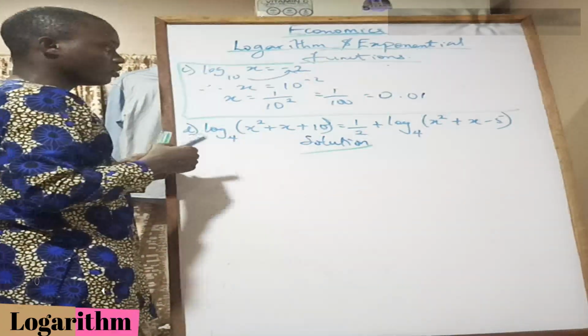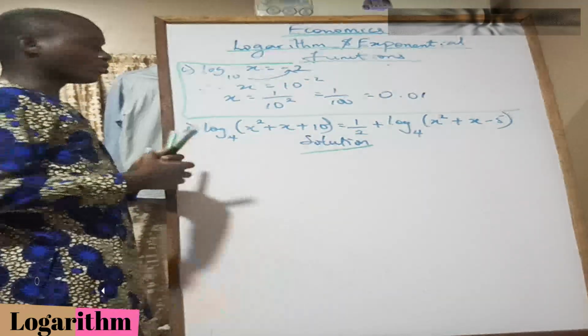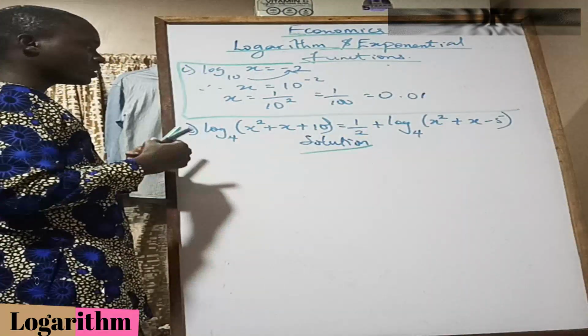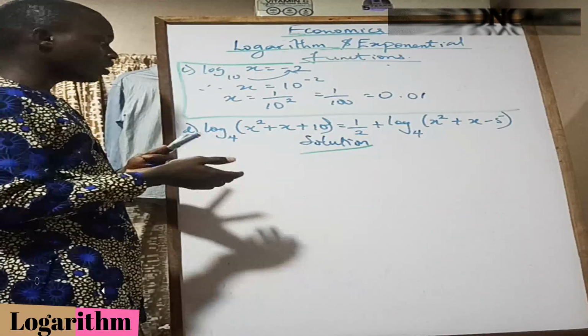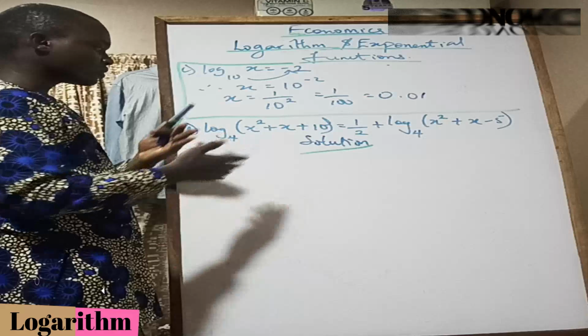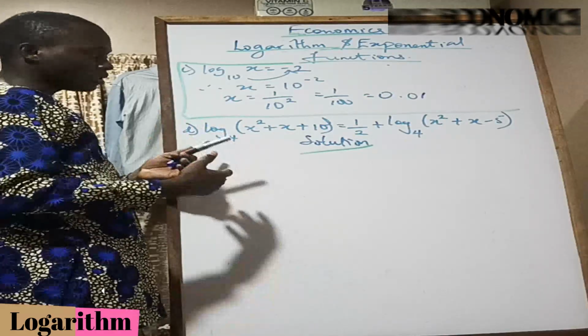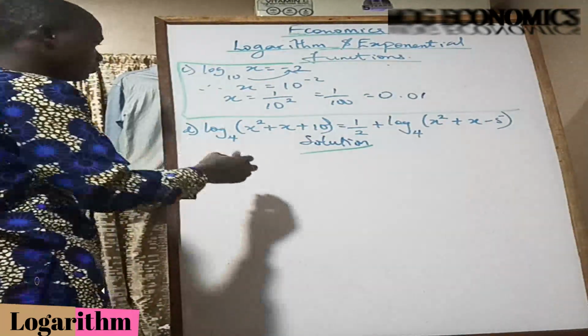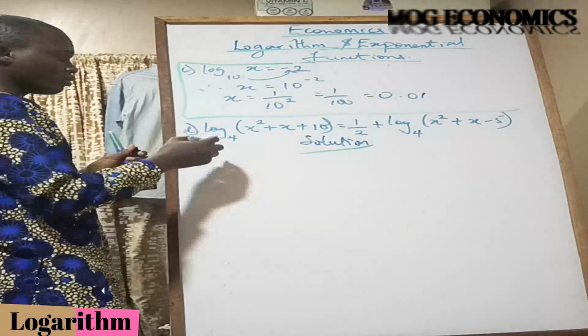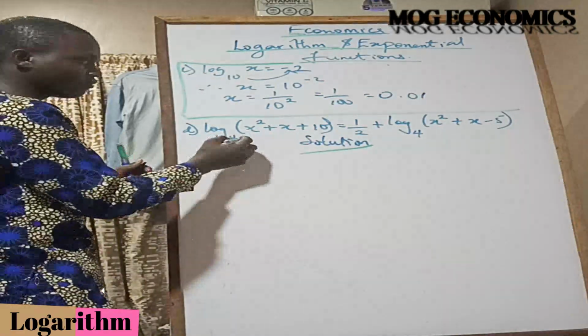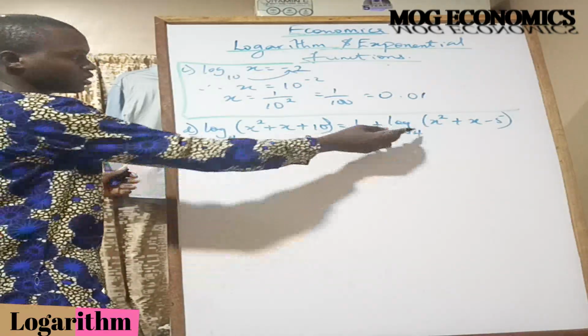Now for D, which looks a little bit complex, what can we do? It's going to be the same thing, just that it looks a little bit funny. Remember that we can do this since all of them are base 4.